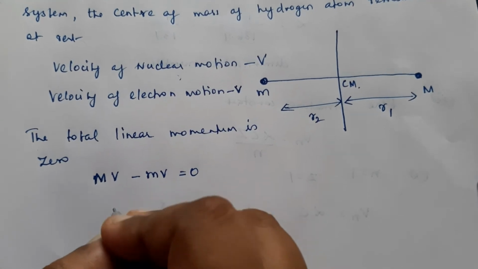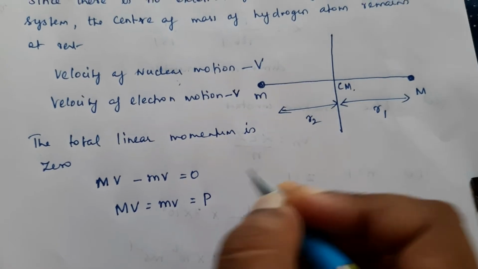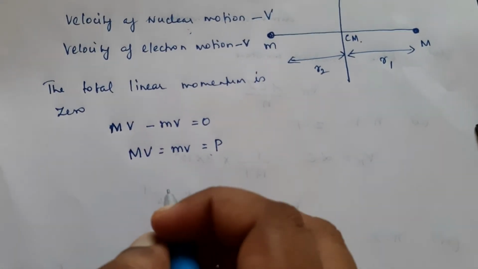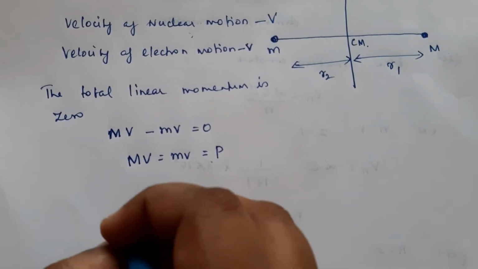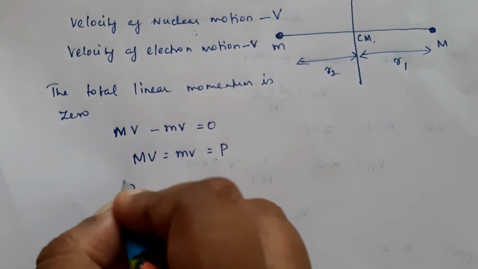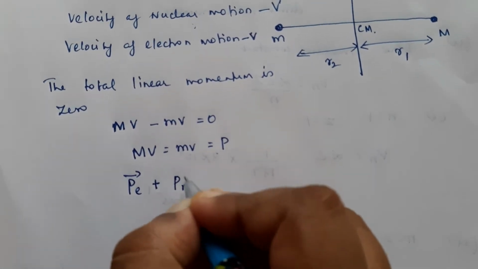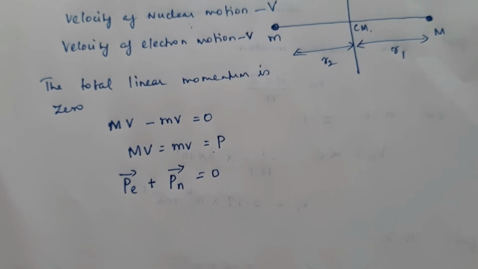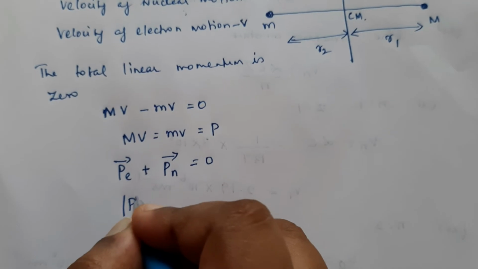So we can write capital MV is equal to small mv, which is equal to the momentum. In other words, we can write it as the momentum of the electron plus the momentum of the nucleus is equal to 0.